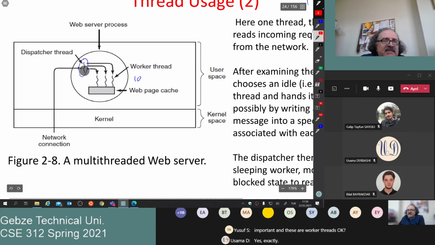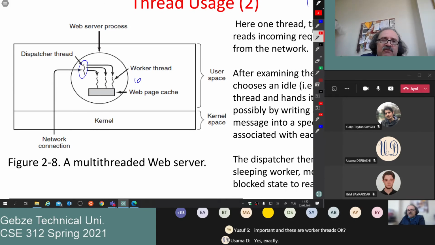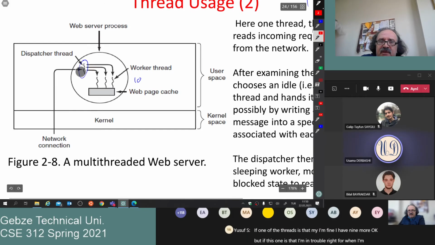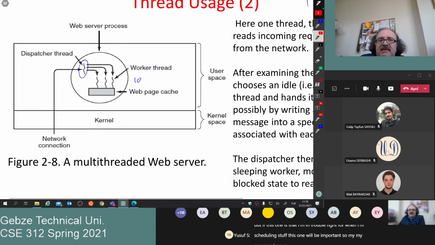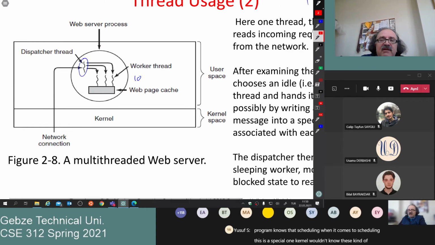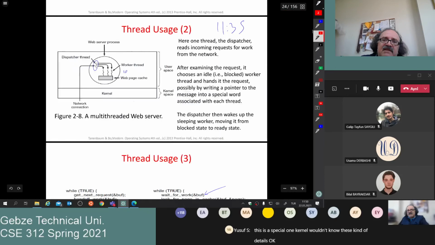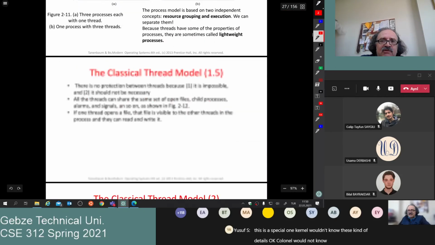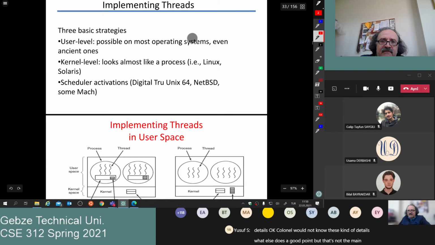But if this one is dead, I am in trouble, right? When I'm scheduling, this one will be important. So my program knows that this is a special one. The kernel wouldn't know these kinds of details. That's a good point, but that's not the main thing actually.